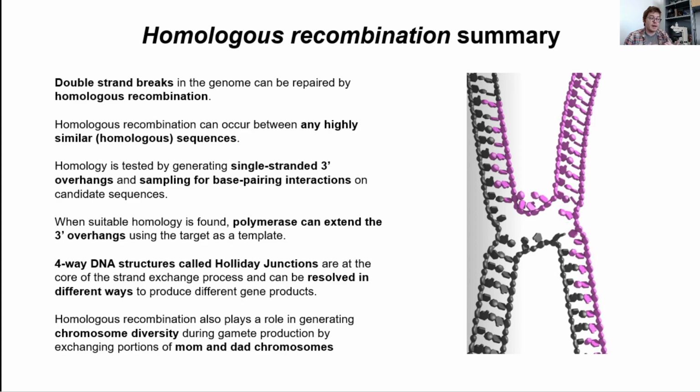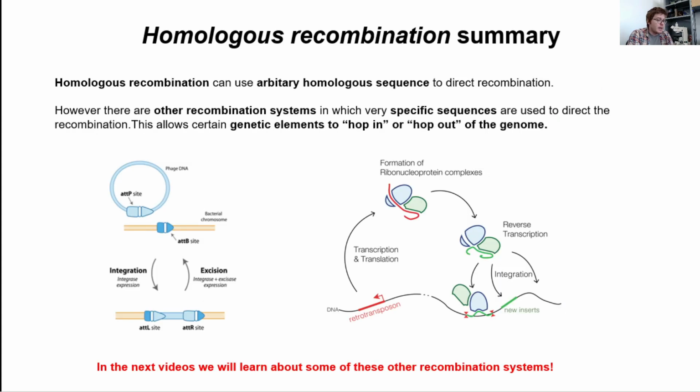And this is one of the reasons why homologous recombination also plays a role in generating chromosome diversity during gamete production by allowing exchange of portions of chromosomes between, say, your paternal and your maternal chromosomes. So it's both a repair system, but also a way of exchanging whole chunks of chromosome to generate allelic variety.